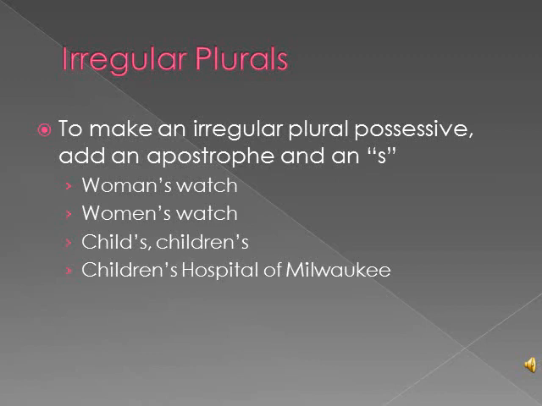It's plural already by the word women, so we add an apostrophe S. Children is another one. Children's Hospital of Milwaukee. Children by itself is already plural. In this instance, the hospital belongs to the children, more than one, so it's apostrophe S because children already is plural.